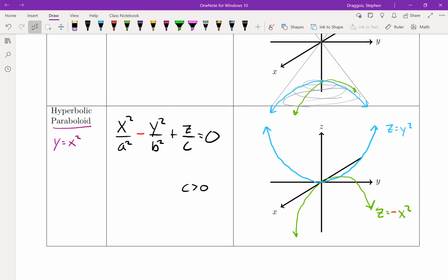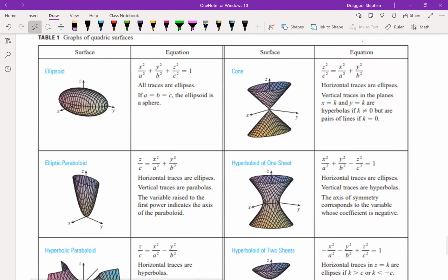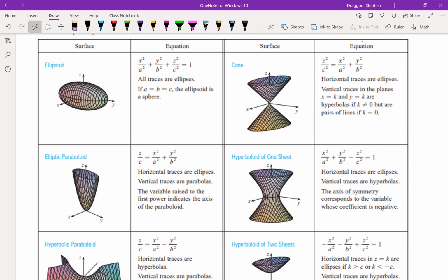Think of a saddle that you put on a horse when you're riding. It's got a U that opens up in the direction where you grip the front of the saddle, and then it opens down in the direction where you send your legs. That's a hyperbolic paraboloid, roughly speaking. If we go to a table out of the textbook, you might find that some of these figures are easier to look at than some of my sketches.